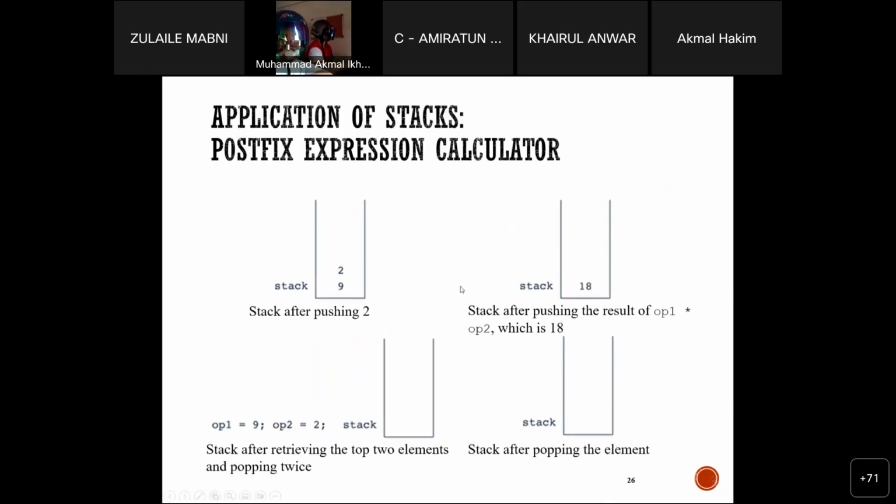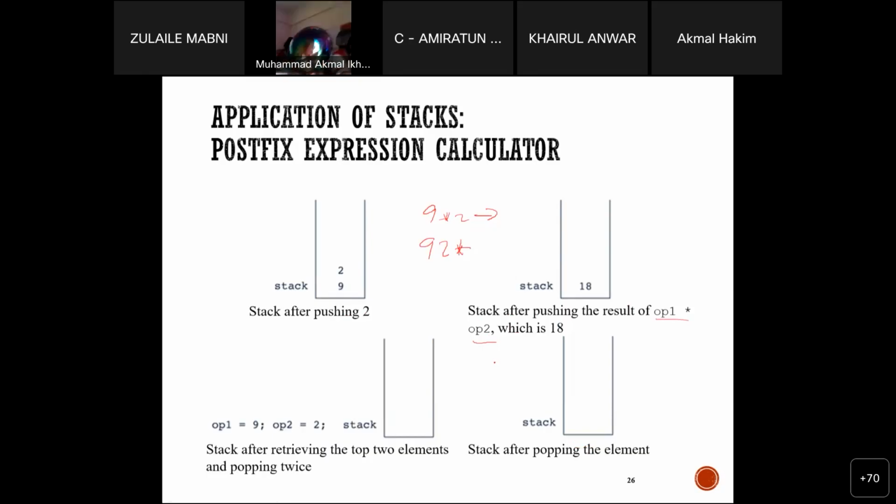More examples. Here we have operand 1 times operand 2, which I suppose is 9 times 2. When you convert to postfix, it becomes 9 2 multiply.